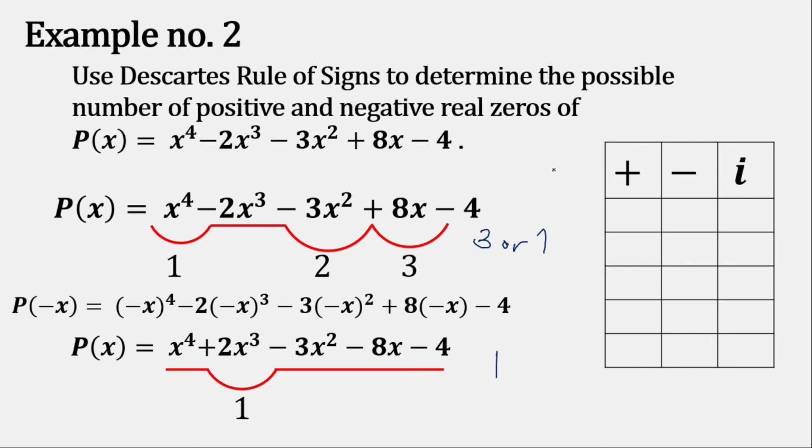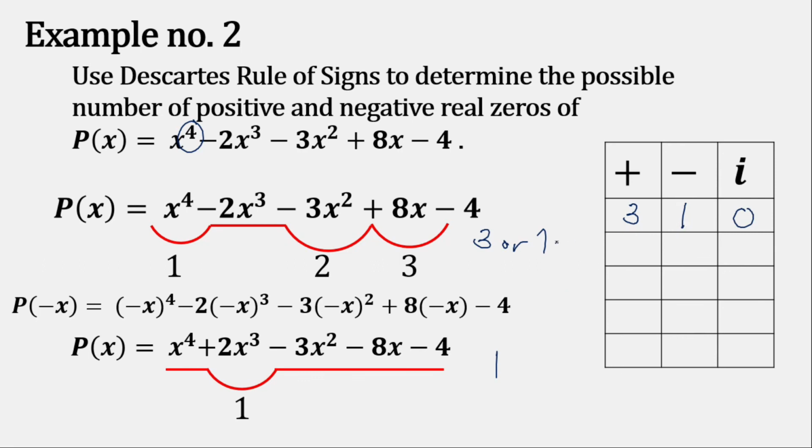Now, assuming that the number of positive zeros is 3, let's write 3 there, and the number of negative zeros is 1. Since it is of degree 4, the total number of zeros should be equal to 4. So 3 plus 1 is equal to 4. Therefore, we have 0 imaginary roots.